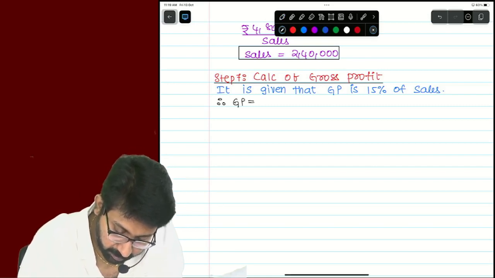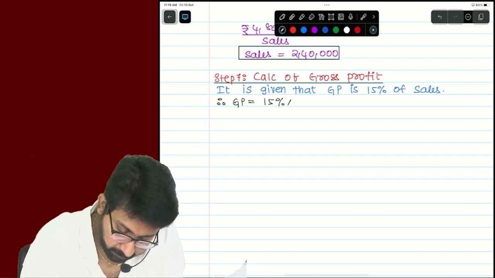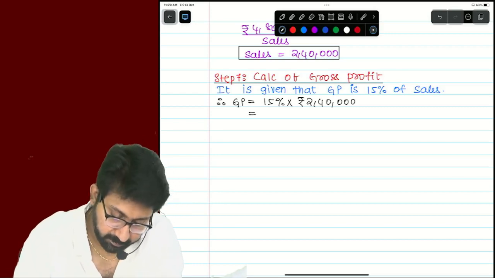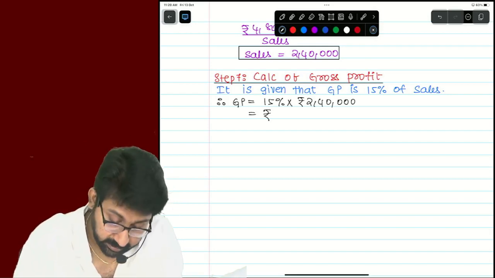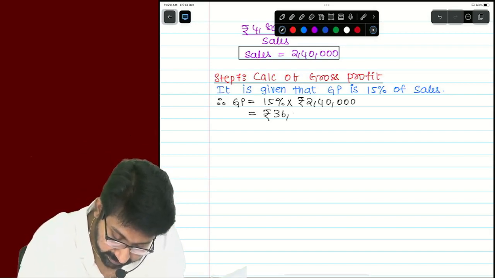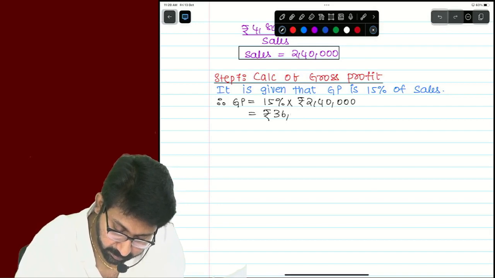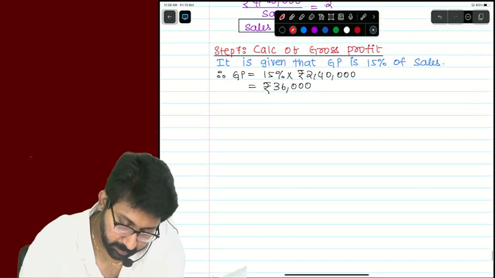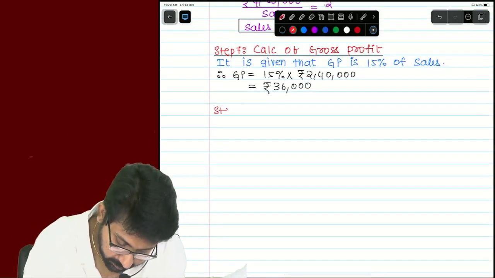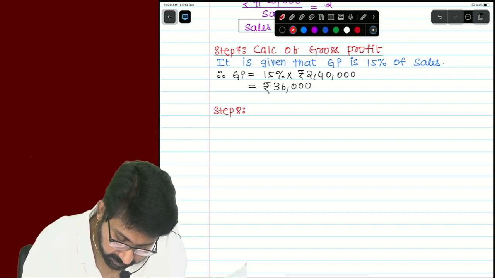Gross profit equal to 15% into rupees 2,40,000. Please tell the value. 26? 36? 36,000. Step 8.